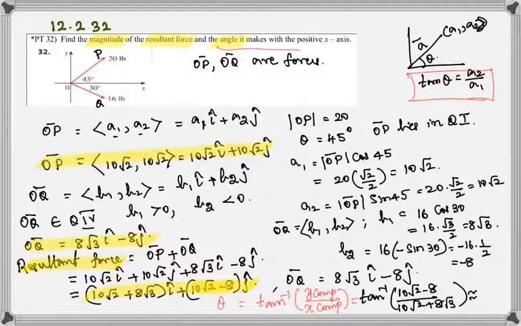If you use your calculator, set to degree mode, and find tan inverse of 10 radical 2 minus 8 over 10 radical 2 plus 8 radical 3, you get 12.37 degrees.